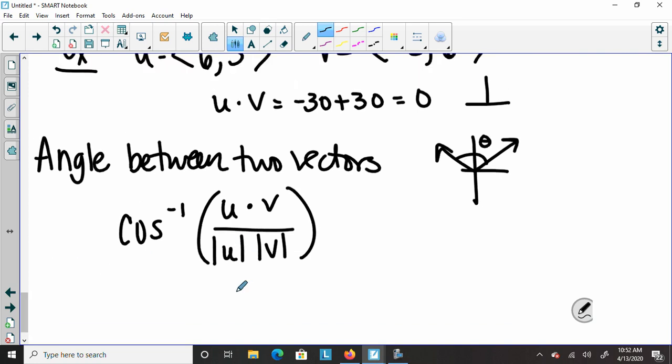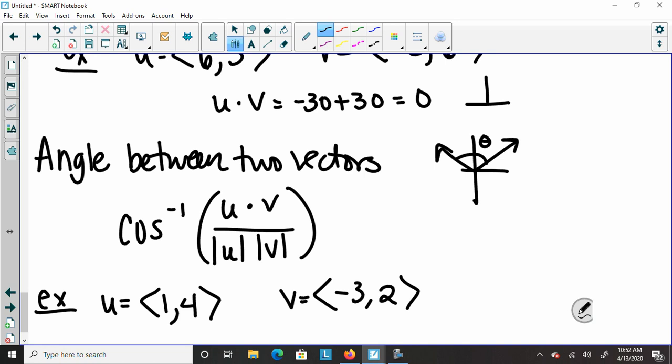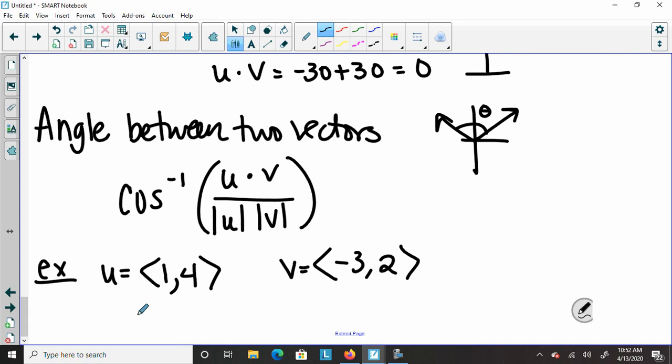So we'll just do a quick one. Let's say that u is 1, 4 and v is negative 3, 2. I've got to find the magnitude of u, the magnitude of v, and also the dot product. Then I'll just plug it into the calculator.